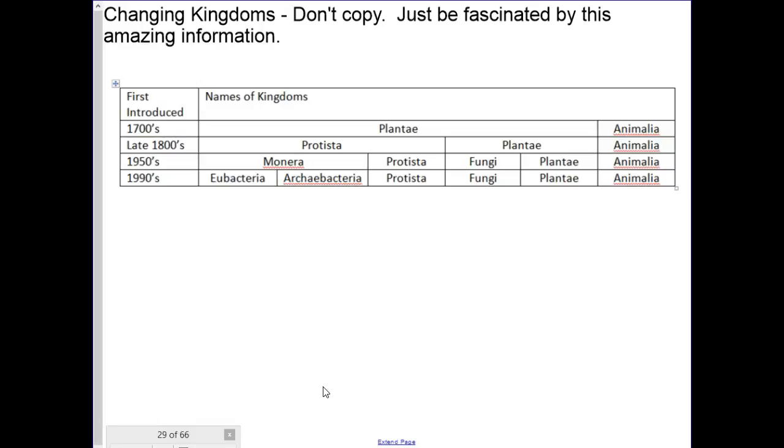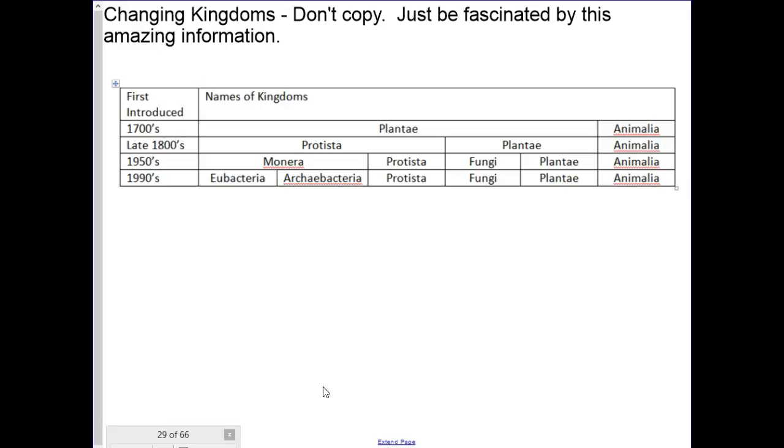And as we stepped through time, what we saw was more and more division into different kingdoms because of the things that we discovered about organisms. So in the 1800s, Protista was introduced to deal with that euglena, the organism that didn't seem to fit the plants or the animals. To this day, Kingdom Protista is a really unusual kingdom.